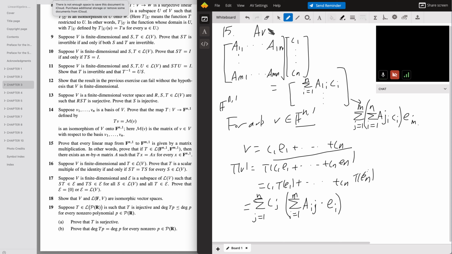Okay, I think this should be the final form for this, and we want to show that these two are the same. Well, I have a sneaky suspicion that you can just place the CJ here like this, and you can interchange.